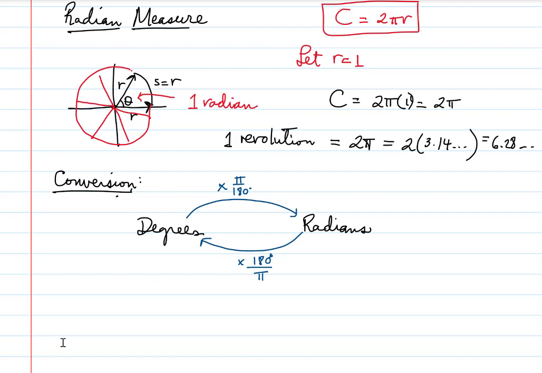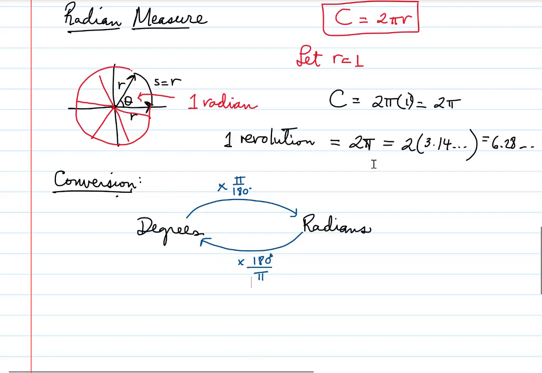Now remember, guys, this should make sense, the factor here, because a revolution is 2 pi, so that means half of a revolution is pi, and in degrees we know half a revolution is 180 degrees. So really this is pi over 180, or 180 over pi. That's like multiplying by 1, so all you're doing is just changing the units of the measure.